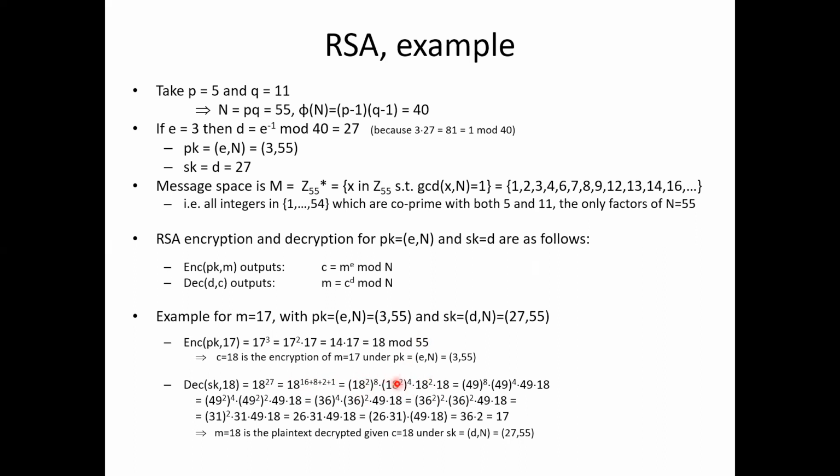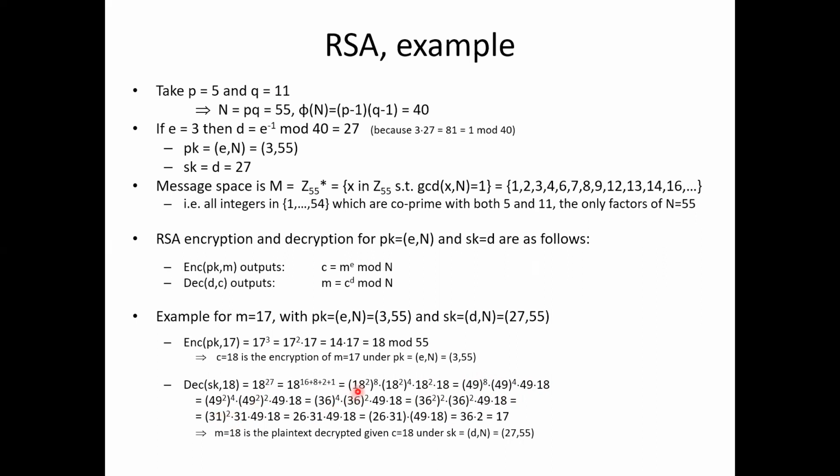So now I can replace both of these by 49, and recurse. Now this is 49 squared to the 4th, this is 49 squared to the 2nd, and this is 49. I compute 49 squared, which happens to be 36. And so on, I recurse in this way. Right here I will have 36 squared computed, which happens to be 31.